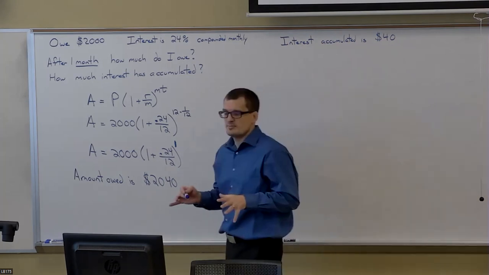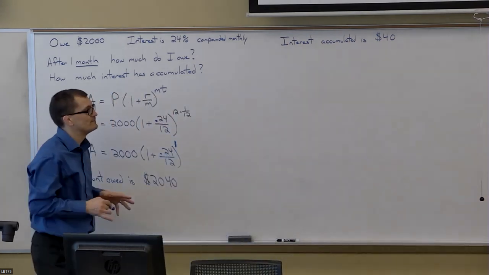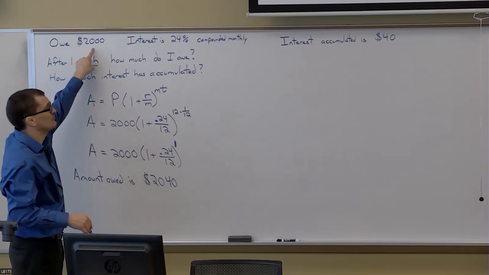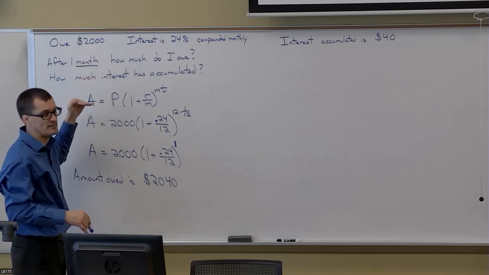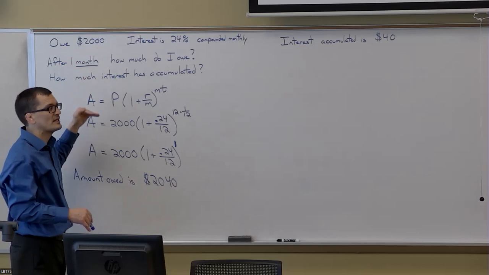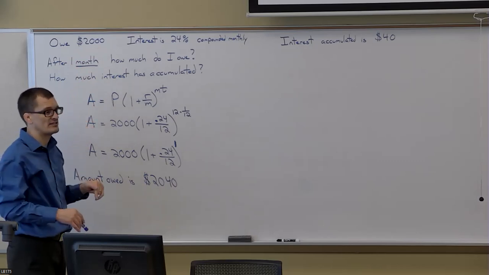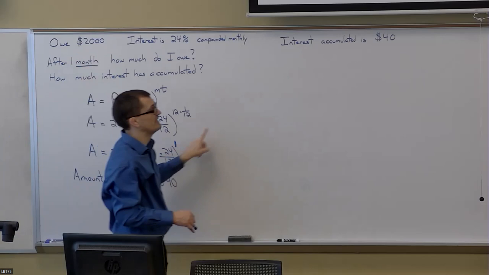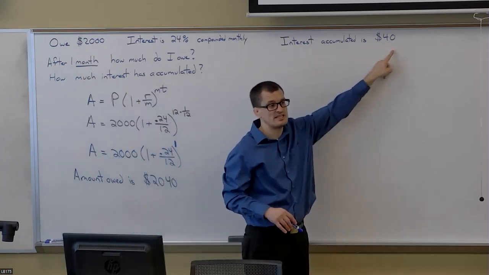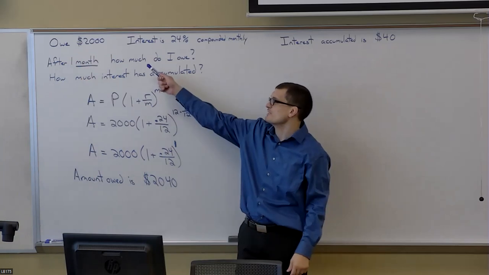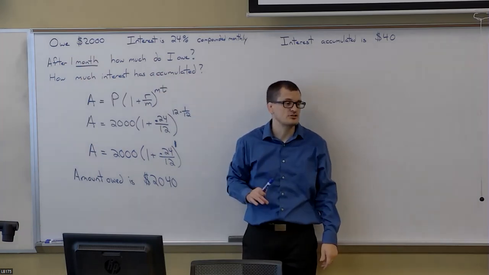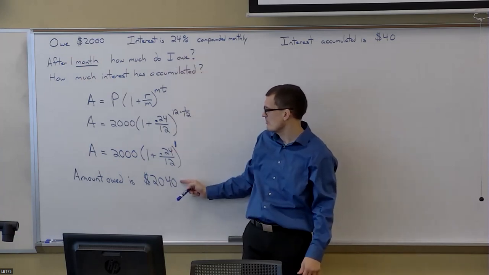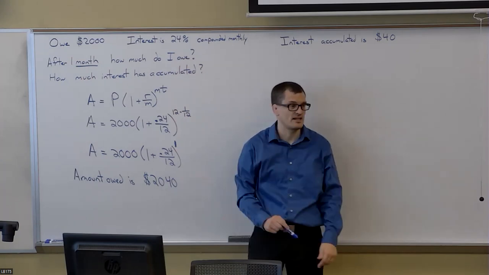Now, oftentimes people have the misconception that when they pay on their credit card, the total of what they owe should be decreased by that same amount. Think about this. If you pay $60 on this credit card, what's going to happen is that $40 is going to go to interest at the end of the month. So at the beginning of the month you owe 2,000. You send in your check for $60. What's going to happen is you're going to still owe $1,980.